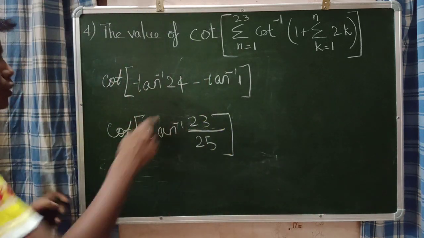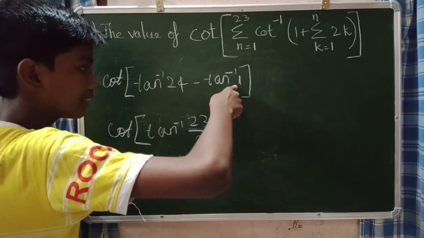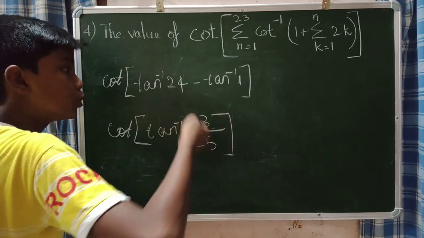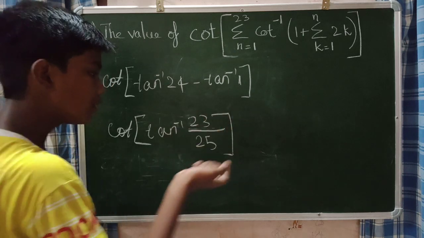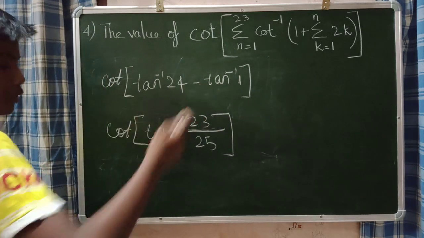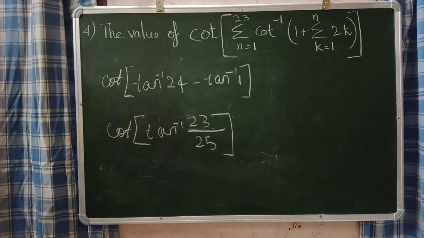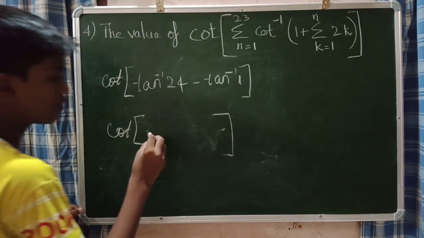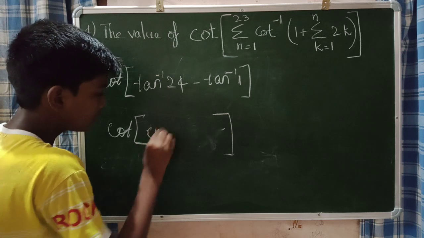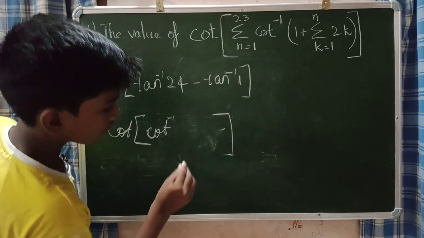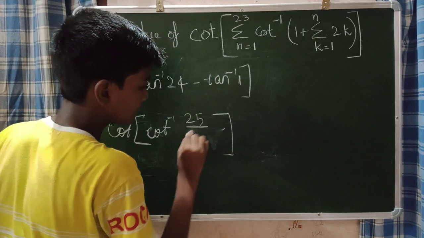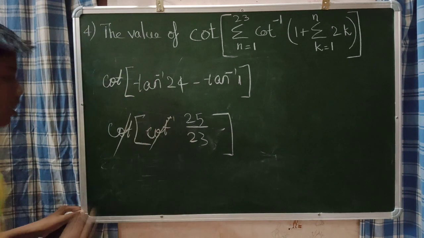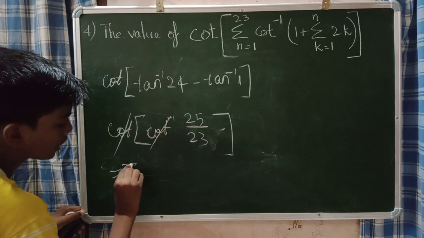Using that, 24 minus 1 is 23, and 1 plus 24 into 1 is 25. So cot of tan inverse of 23 by 25. Now you can write tan inverse of 23 by 25 as cot inverse of 25 by 23, so the cot inverse and cot get cancelled. So the answer is 25 by 23.